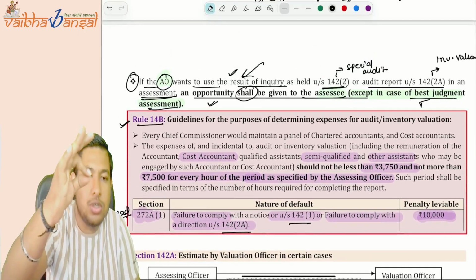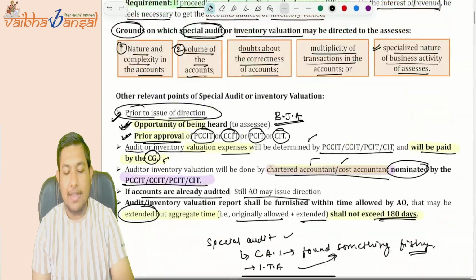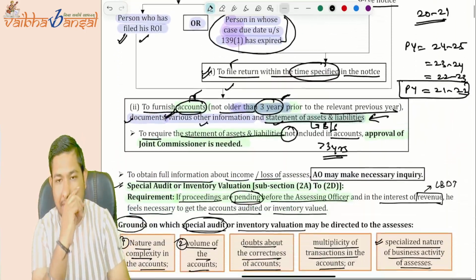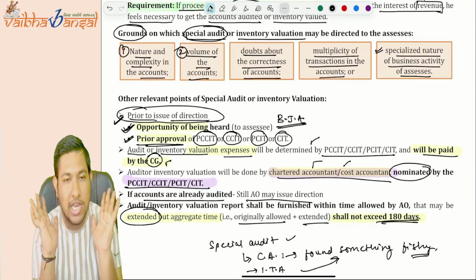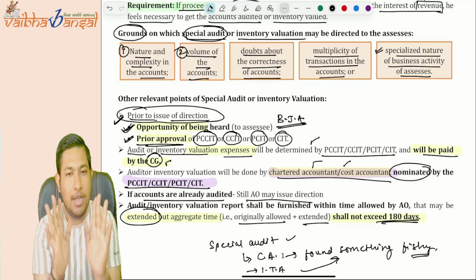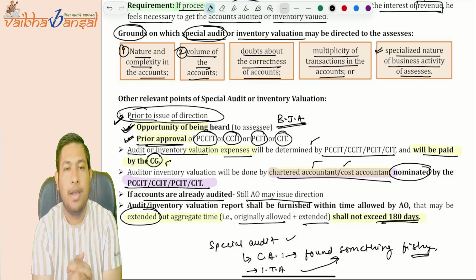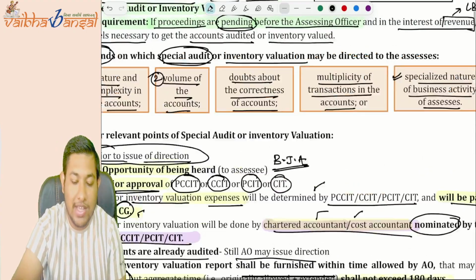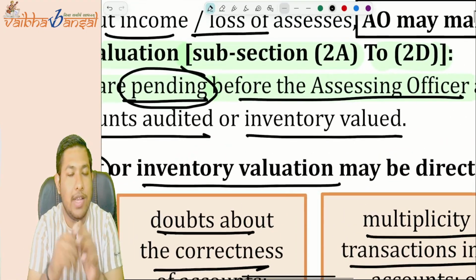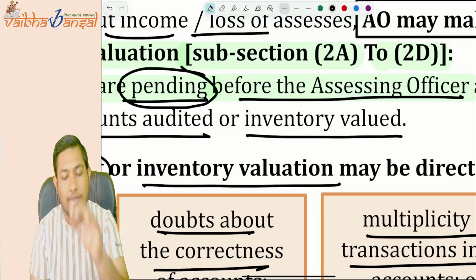Now understand it very well. Under section 142, we have seen that the assessing officer got the accounts of the assessee. Now, there is the inventory. Correct. We have seen the inventory valuation, so inventory valuation is done.